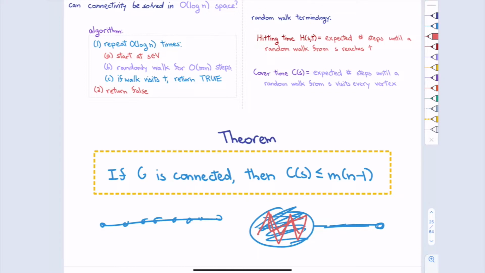It's always going to tend towards the dense parts and have trouble getting across the bridge. So graphs with very sparse cuts are going to have worse cover times. If you can guarantee there's no sparse cut, so the whole graph is really well connected, then you will visit the graph faster than the worst case bound. That has interesting connections to the eigenvalues of the random walk, so you have that to look forward to.